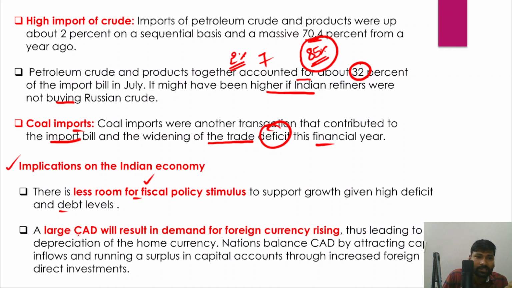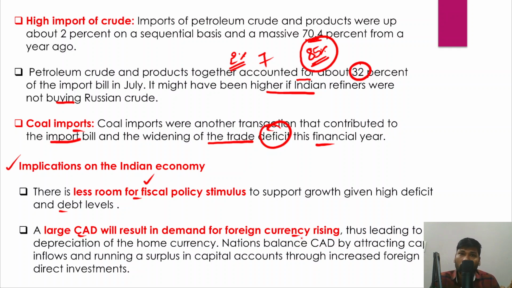Secondly, a large current account deficit. If we have a large current account deficit, that will result in demand for foreign currency, right? Increasing demand for foreign currency would result in depreciation of the rupee value, right?